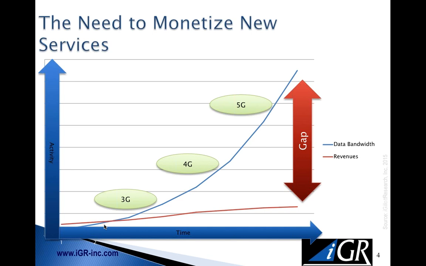Tethering your tablet to your smartphone through Wi-Fi and then using the LTE connection to download a movie is a perfectly reasonable thing to do. So what's happened now is the bandwidth is increasing almost exponentially.